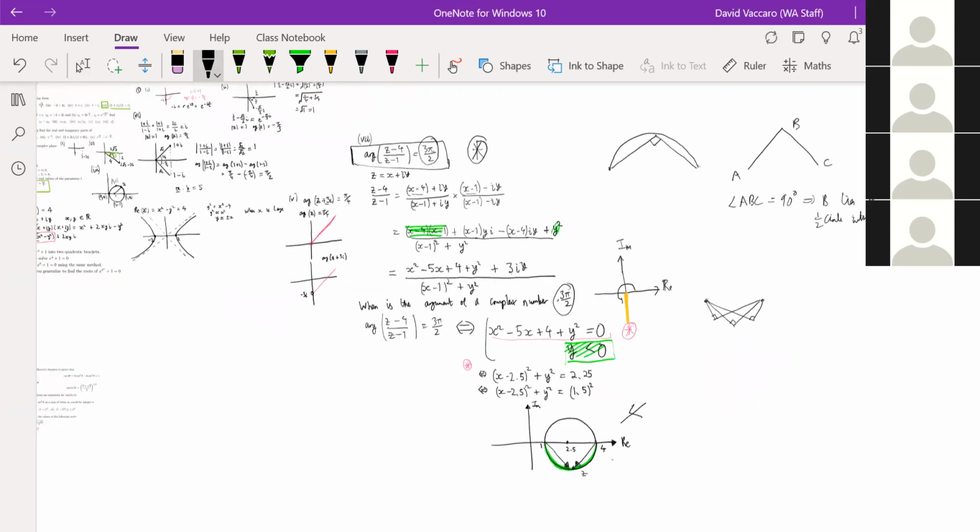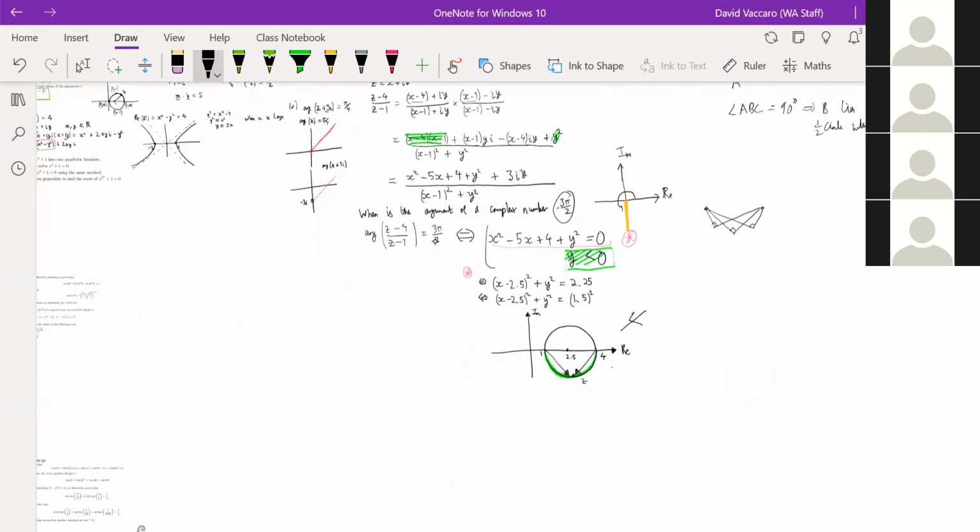So this relationship star is just saying that the z minus 1 and the z minus 4 vectors are perpendicular. And by the converse to the circle theorem, that tells me that they lie on the semicircle.